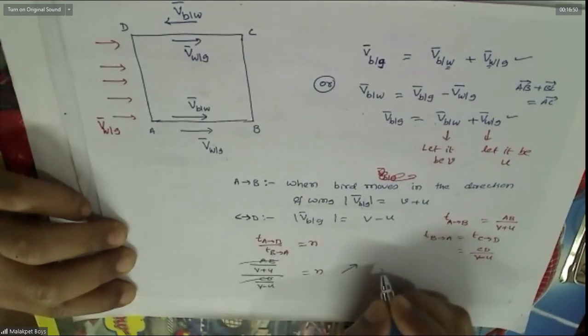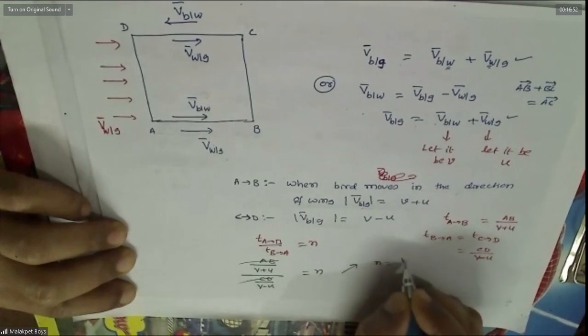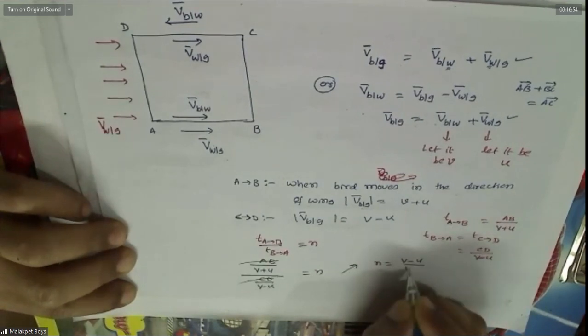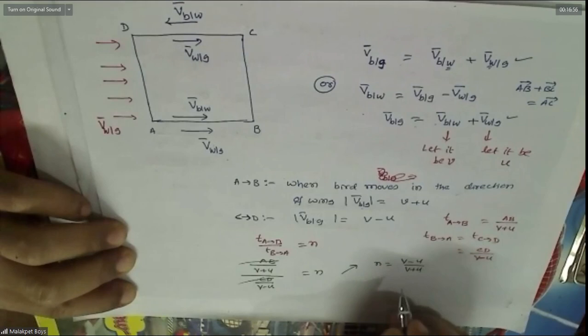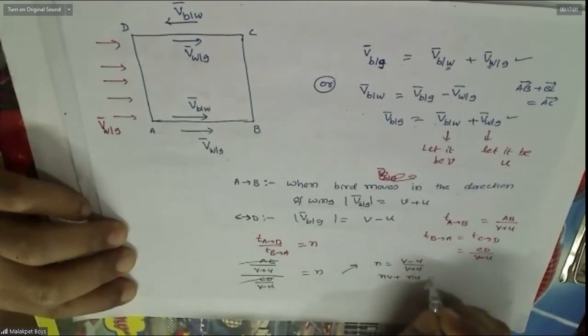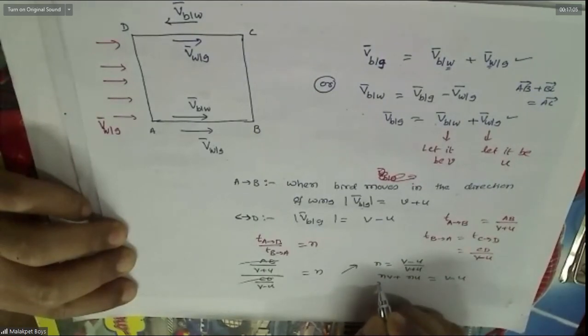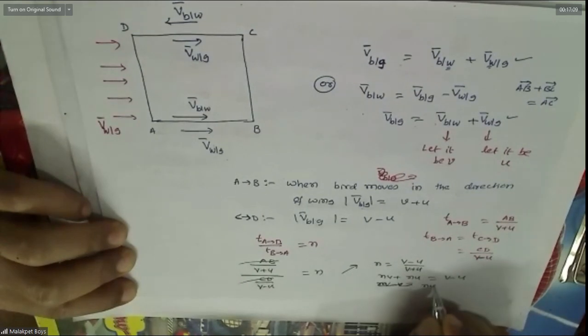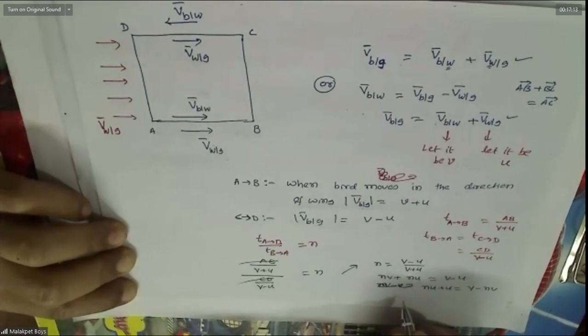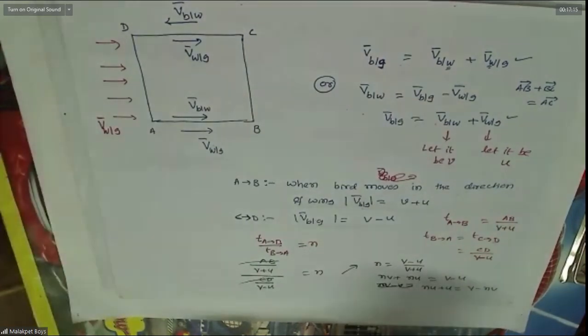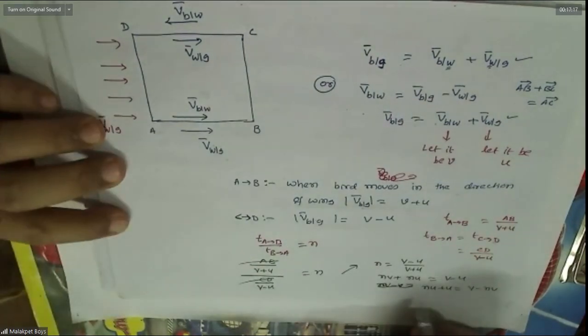So this gives you what? Agreed. Now if you cross multiply and get the V by U ratio, you have NV minus V, NU plus U equals V minus NV. From this you get V by U.